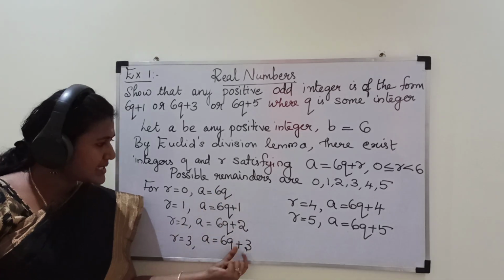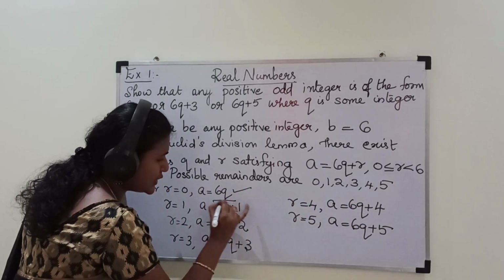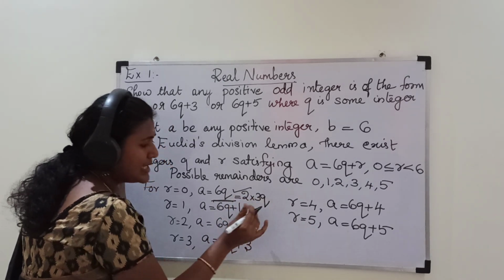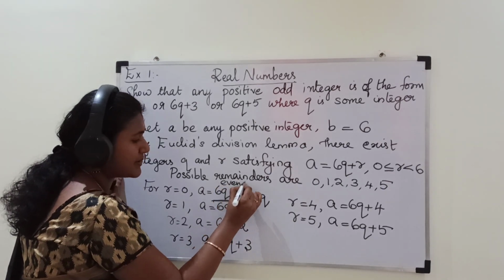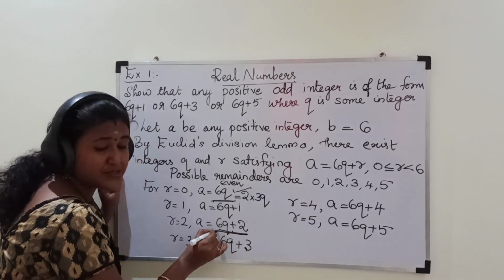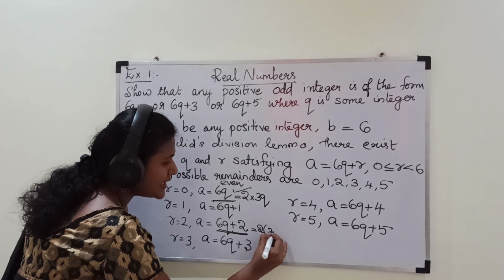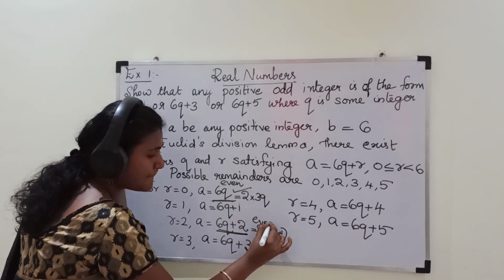Out of these 6 values of a, if you see this one, 6q, we can write this as 2 into 3q. Since it is a multiple of 2, this is an even number. The same way, 6q plus 2 we can write as 2 into 3q plus 1, which is again an even number.